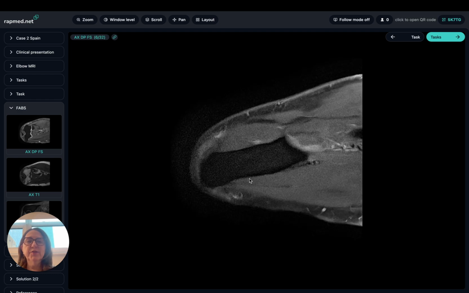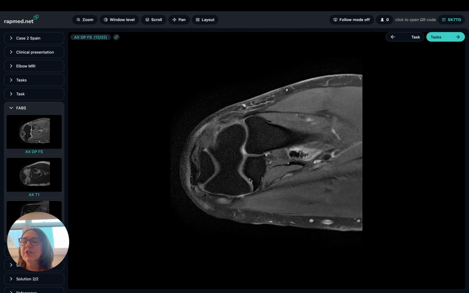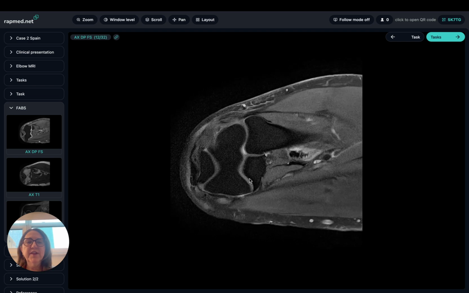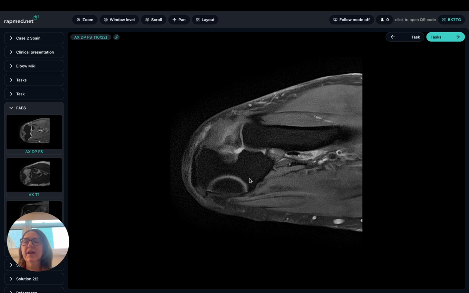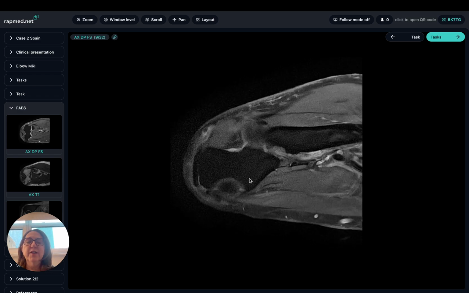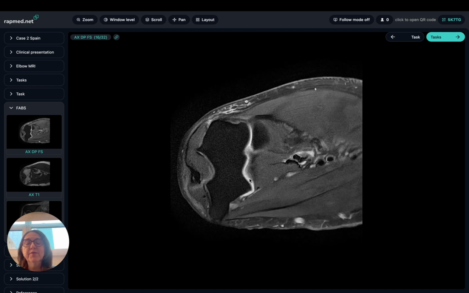In this case, and always when you have the possibility, you have to try to do an additional position if you are not completely sure of the extension of the tears. And in this case, you see it very nicely. This is not actually a flexion, abduction and supination position, but the patient could not do it very well. So we profited from the flexion of the elbow, which was the best way for him to be comfortable.